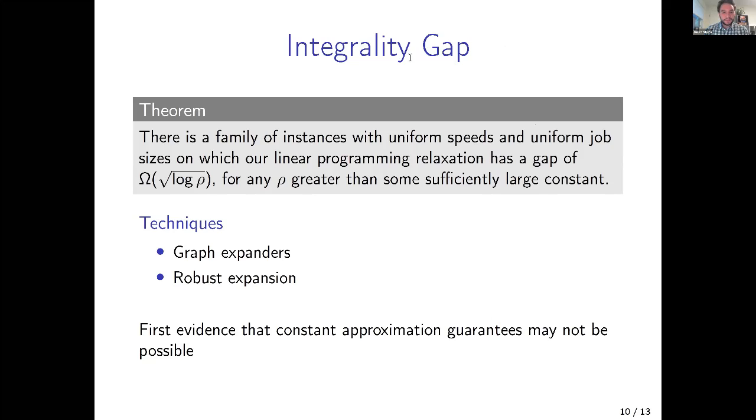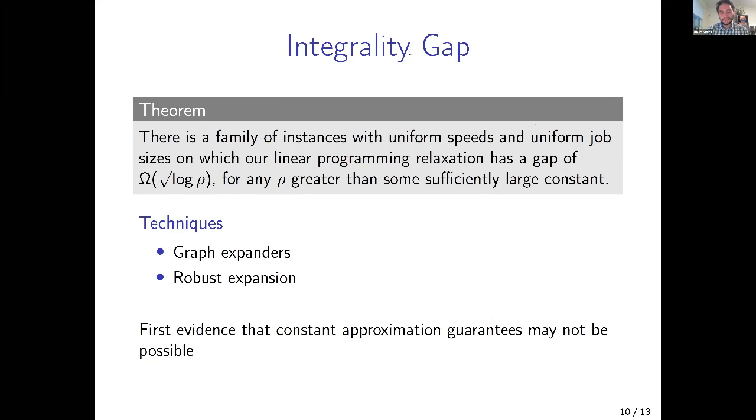Our second result concerns the linear program used in our makespan algorithm. We show that for a family of instances, the linear program has an integrality gap of at least Ω(√log ρ), where ρ is at least some sufficiently large constant. The proof of this theorem uses graph expanders and shows an interesting property of these random graphs after edges have been removed.